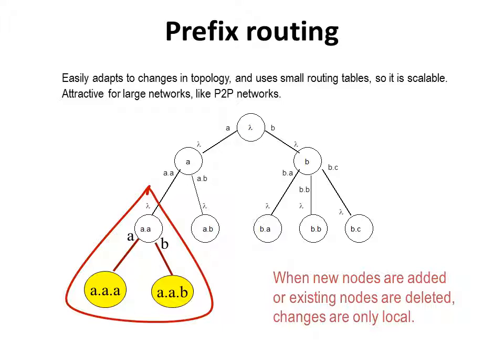So for example, if there was a dot a dot a that has to be inserted into the tree, you have to know it has to be connected to the node which has a dot a as the label. So you need to know how prefix routing works, and there can be problem-solving questions where you are asked where a new node goes in an existing tree.